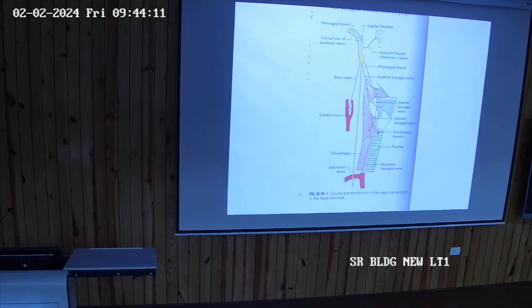Then I come to the two other important branches of the vagus nerve. These are the recurrent laryngeal nerves. First of all, see on the right side. On the right side, the recurrent laryngeal nerve arises from the vagus nerve when the vagus nerve is crossing the first part of the subclavian artery.